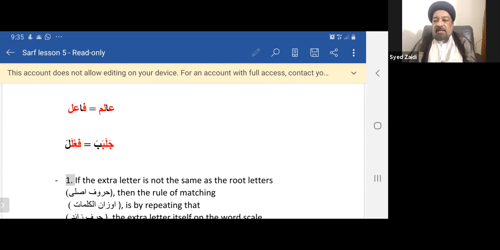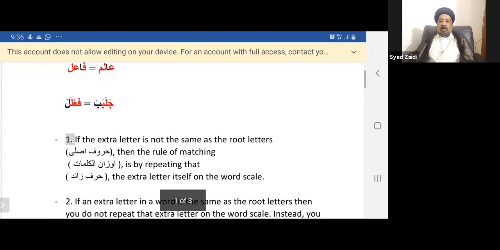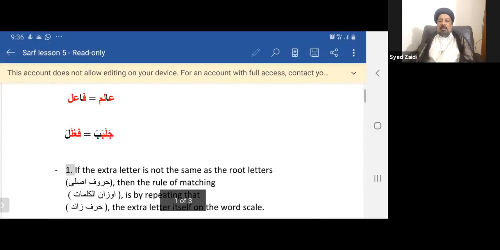Why? Because, as you can see, it is harfe zaid. And then likewise in fa'il, you see that the alif over there is also harfe zaid, and this harfe zaid is repeated. So alim, if you match it with the word scale, you'll repeat the same structure of the word in the same pattern, and in the same manner, alim will become fa'il.